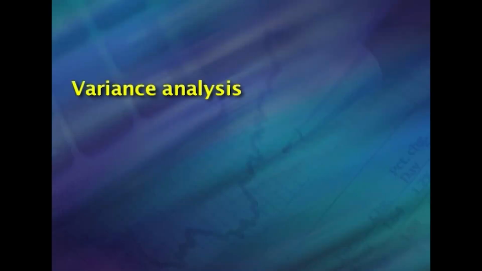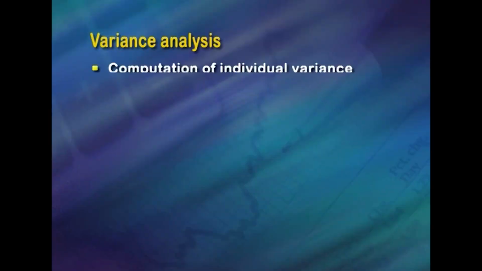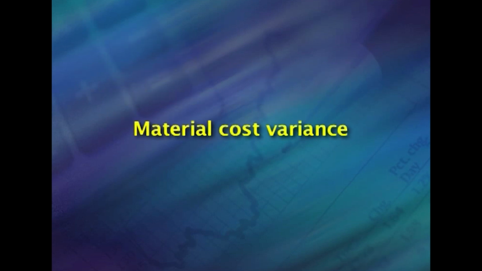Variance analysis can be defined as the process of computing the amount and isolating the cause of variances between actual costs and standard costs. Variance analysis involves two phases. One is computation of individual variance and second is the determination of the cause of each variance. Material cost variance.